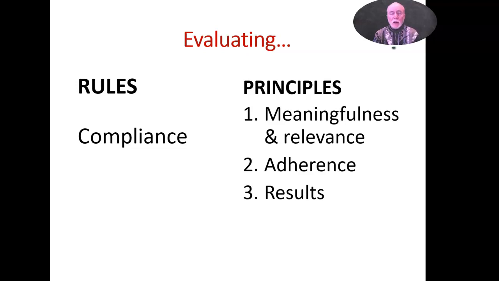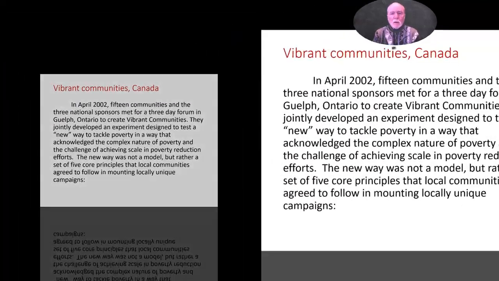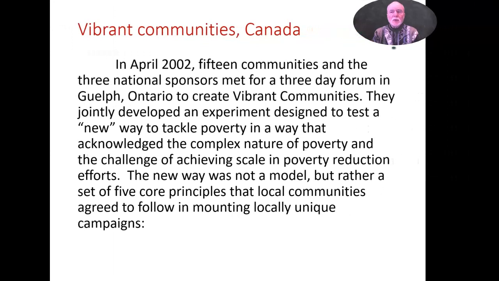Going to turn now to an actual example of a principles-focused evaluation for a major initiative, an anti-poverty initiative in Canada. Vibrant Communities was established in April of 2002 with 15 communities and 3 national sponsors meeting for a 3-day forum in Guelph, Ontario, to create what they called the Vibrant Communities Initiative.